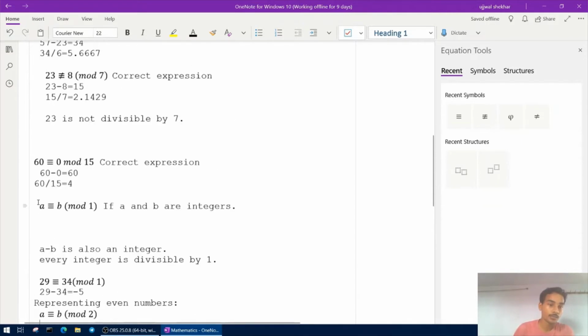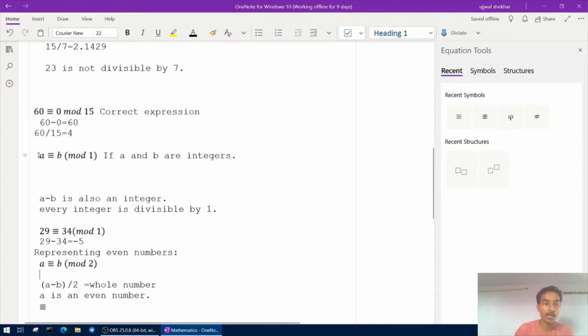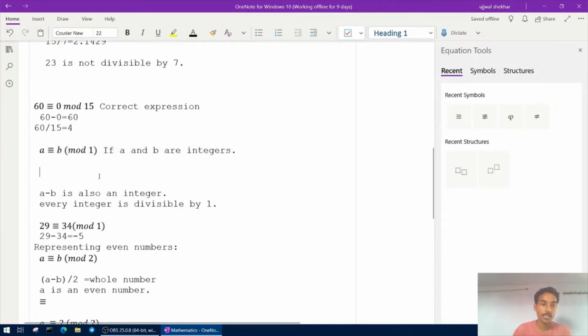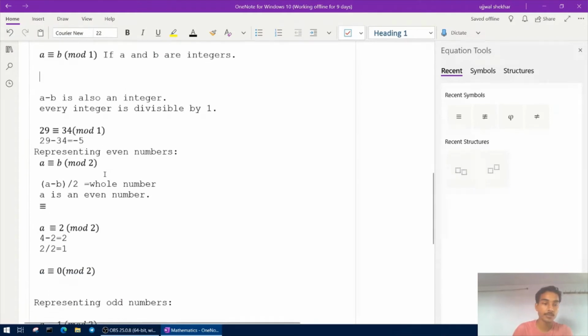So you can see how I am generating a general equation. This is a general equation for any integers a and b in such a way that a is an even number. If a is an even number, then this is always true.